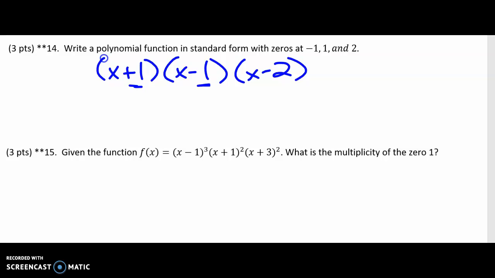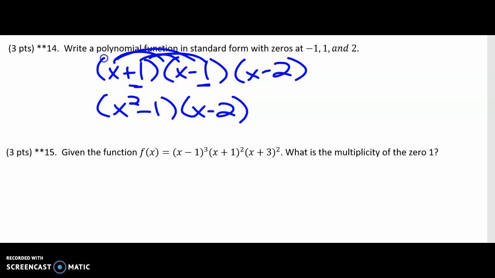If I go ahead and distribute everything here, I am left with x squared minus 1, and I still have that x minus 2 here. Go ahead and distribute again. First times first, it's going to be x cubed. Then I'm going to end up with negative 2x squared.